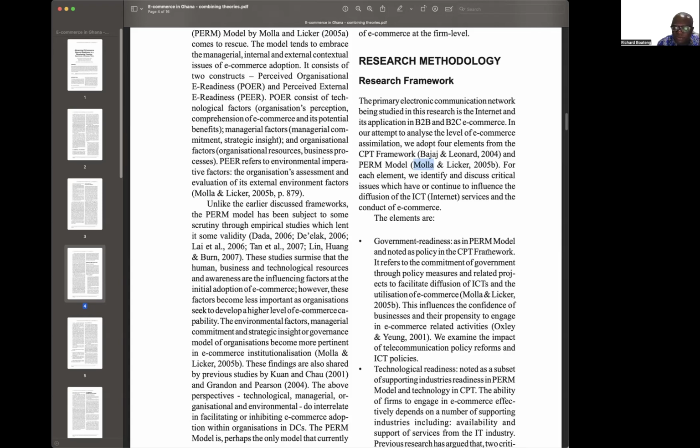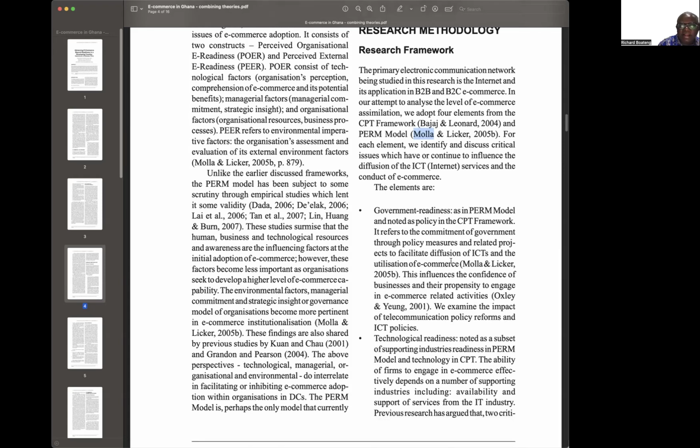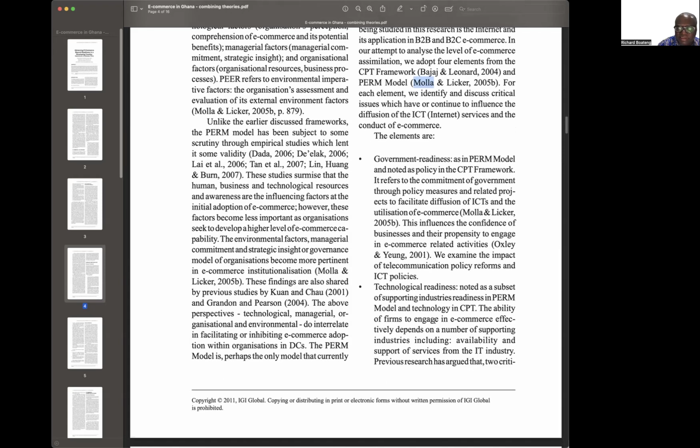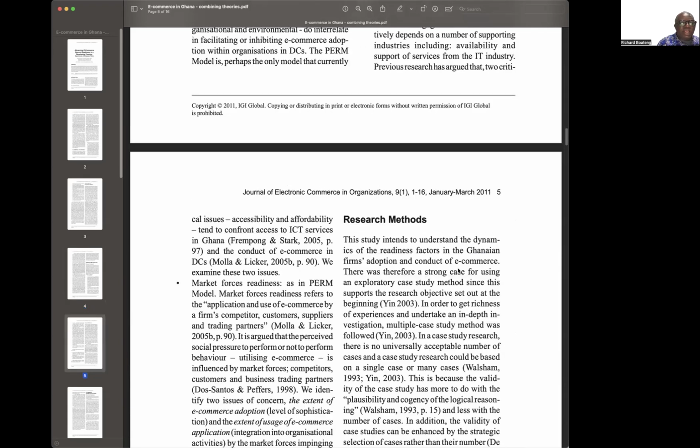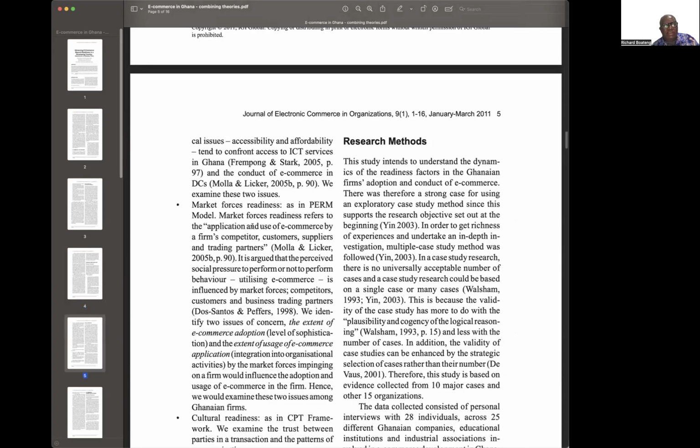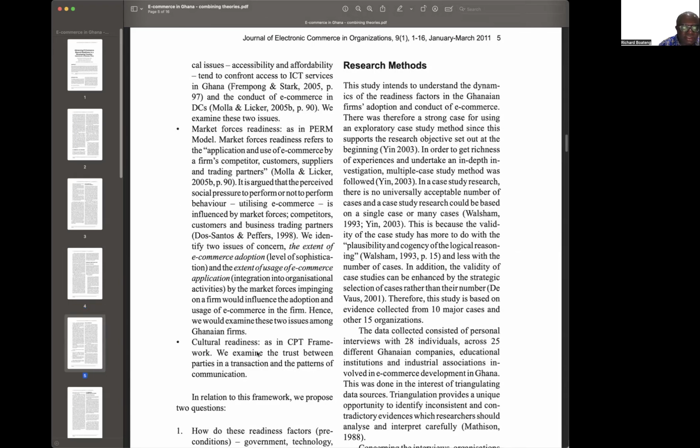So now I'm showing where I brought it from and what it tends to mean here. Then I define it. Then I go to technological readiness: how is it mentioned in PEM and in CPT before I make a choice out of it? Then I have market forces readiness. This is more in PEM, but it's not in CPT. And lastly, cultural readiness, which is in CPT, but not in PEM.